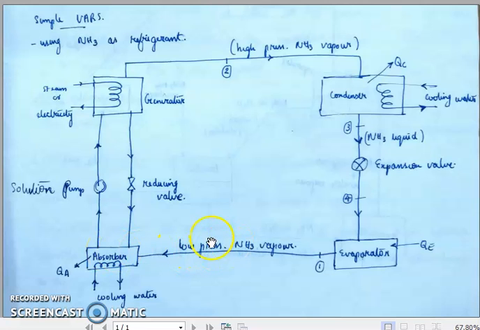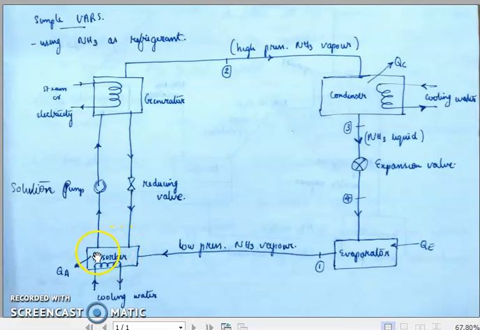So what is happening to the energy content of this ammonia vapor? The latent heat of condensation will be released to the water medium, and this will be cooled by a circulating cooling water circuit. Now what is happening to the water available in this absorber?